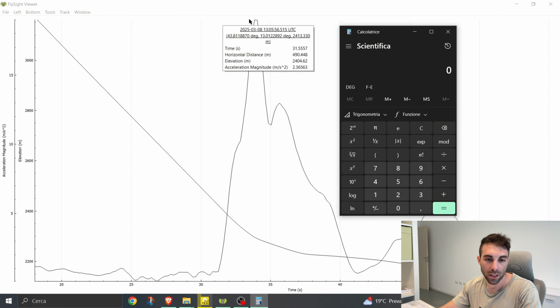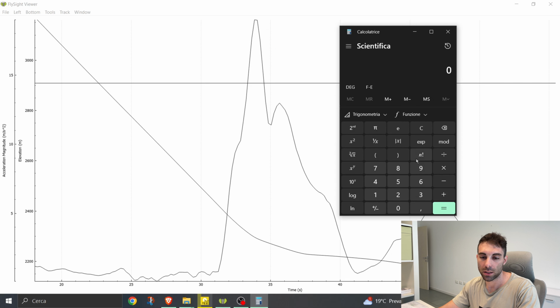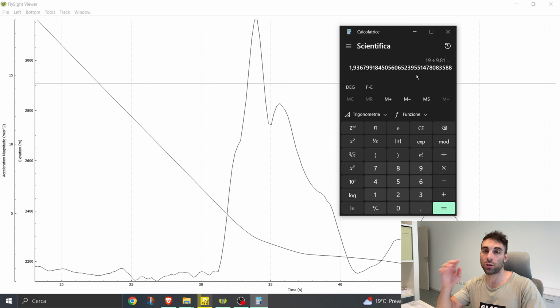In this case, if we take this number, which is 19 meters per second squared, divided by the gravity, we end up with 1.9, almost 2 G's.